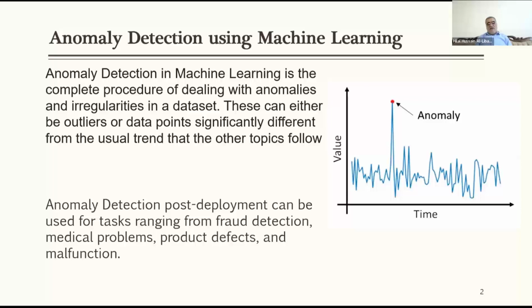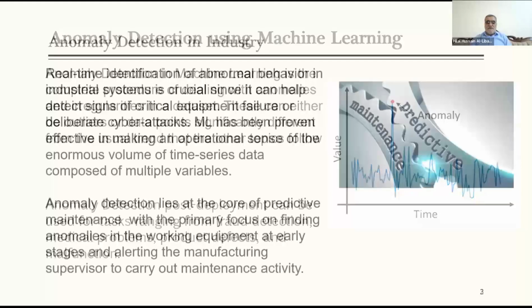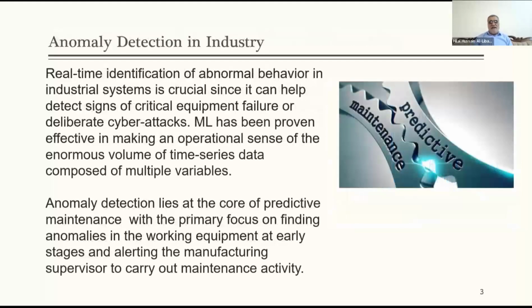Here in this project, we are detecting some features like vibration features, which come from the accelerometer and gyroscope, which already exist in some boards like this board we are working on. Predictive maintenance is a very important issue in Industry 4.0, and anomaly detection is one of the keys to predictive maintenance.